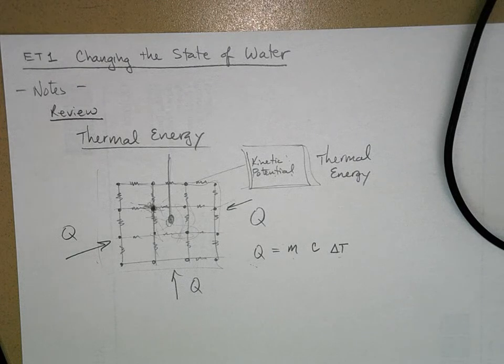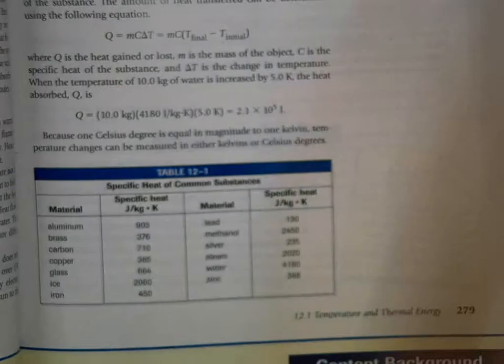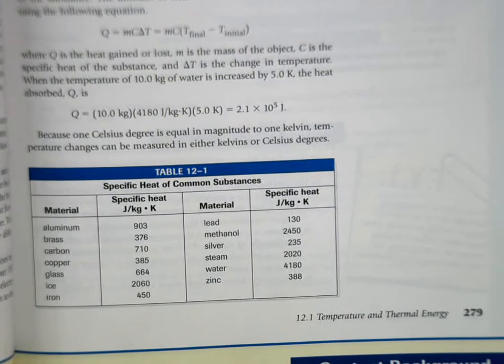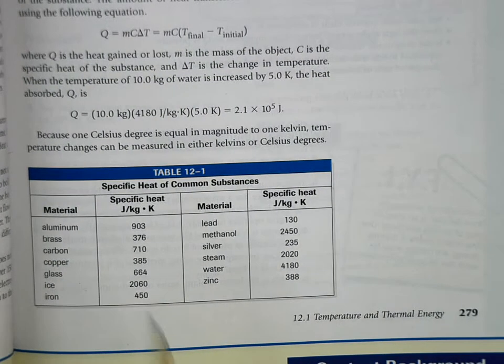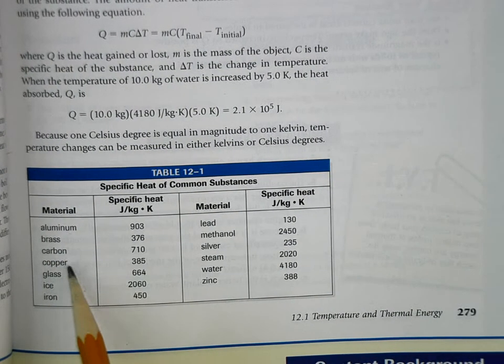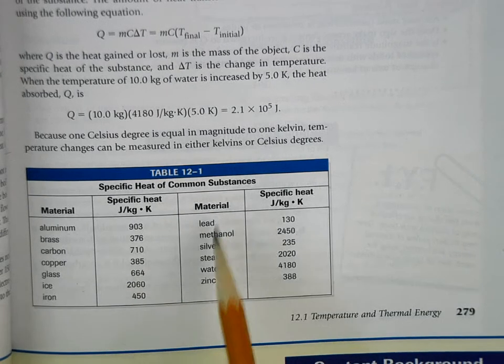Now I'm looking up right now the specific heat of ice. Here's a nice little data table of different substances that shows the specific heat. Zoom in. And this is from our physics book. But aluminum, brass, carbon, copper, all these different materials.